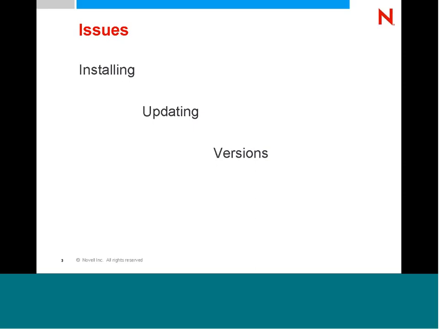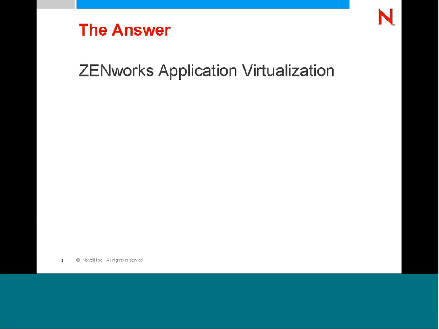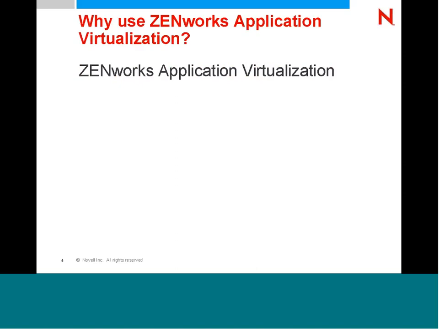Will they run? We could actually talk about this for another 30 minutes, but the point is I just wanted to point out some issues that you run into, and this is not all-inclusive of traditional application install. Well, what's the answer to simplifying this? And that answer is Zenworks application virtualization.